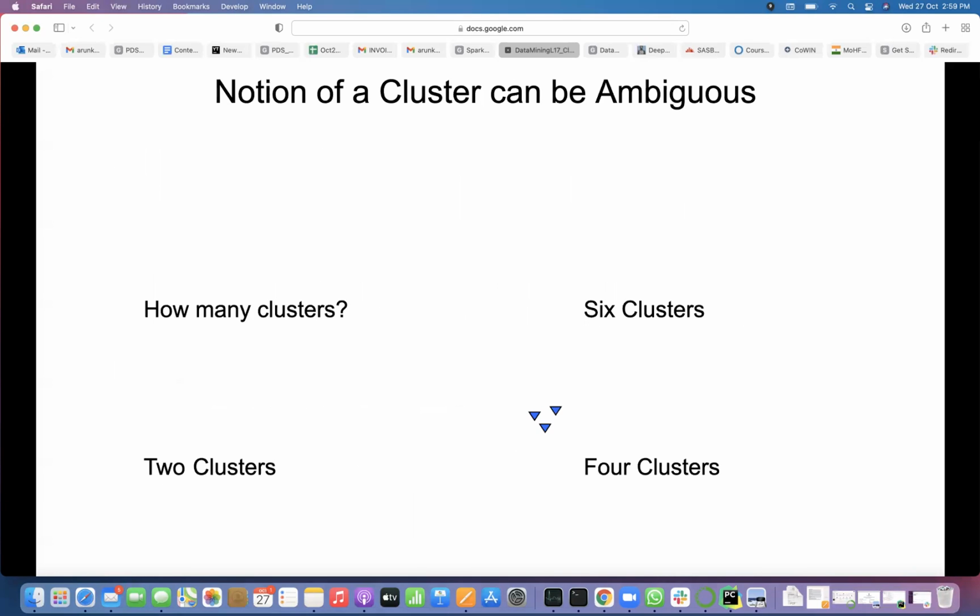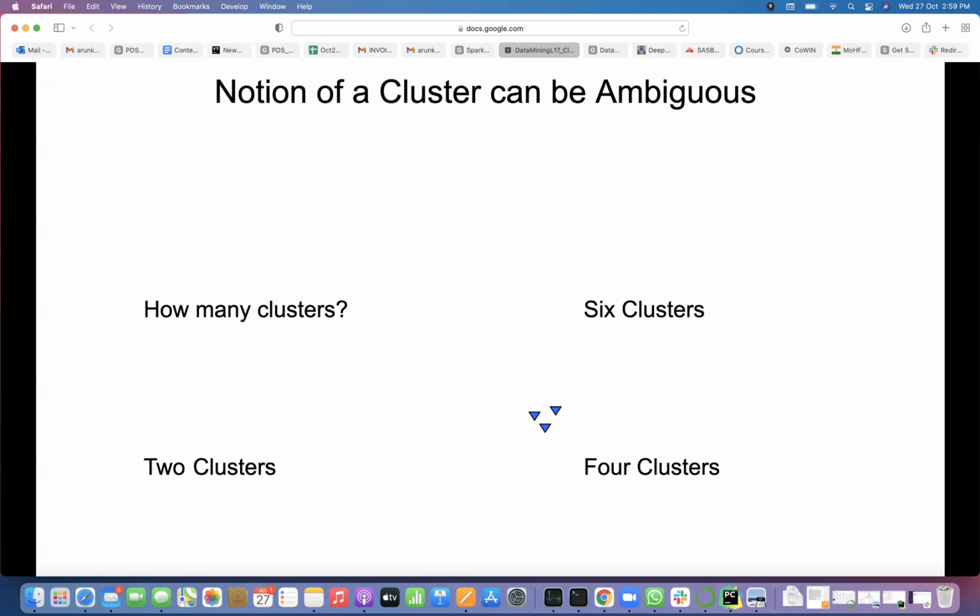So the notion of a cluster can be ambiguous. The first part is there is no definite answer how many clusters we'll make. That depends on the data. We can't say that making more clusters is better. Of course, there is an optimization measure, but that measure is also not accurate, and is sometimes ambiguous.